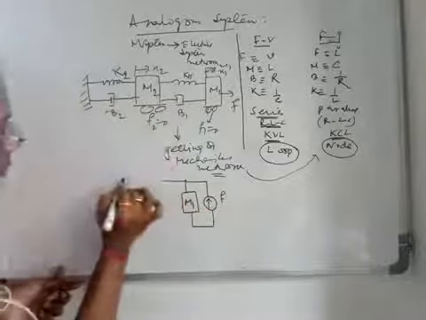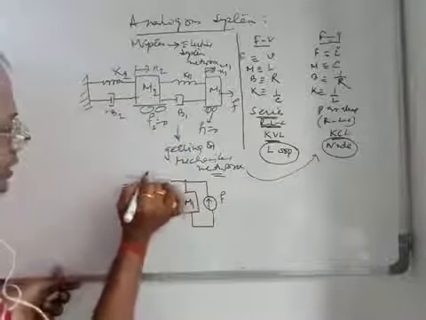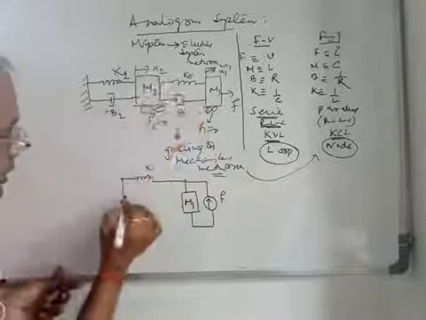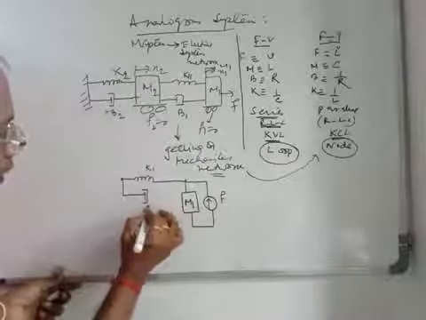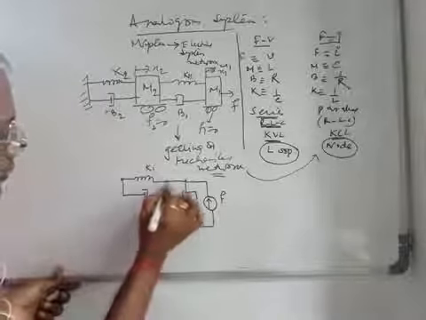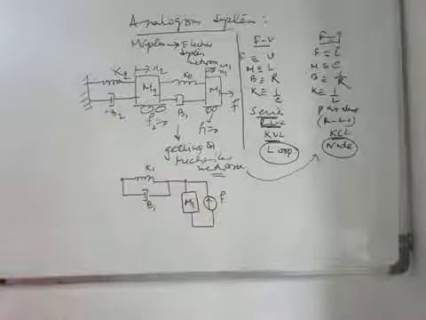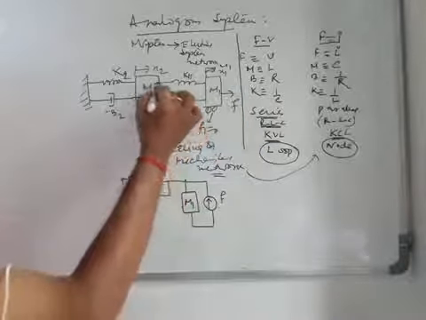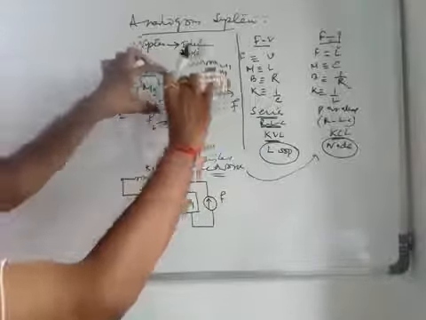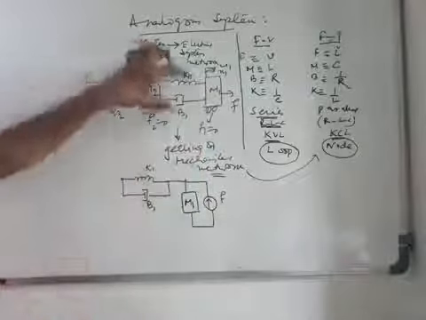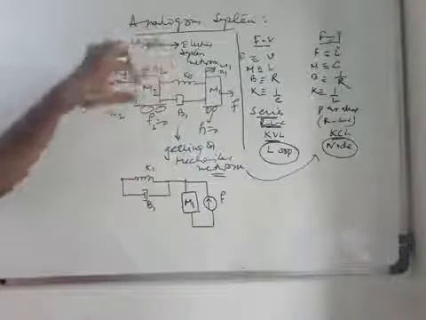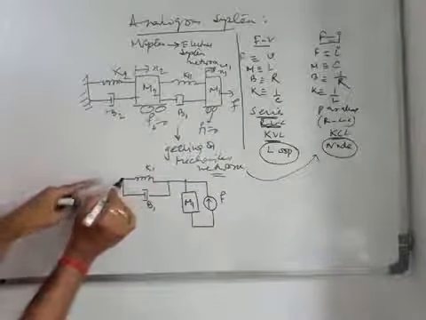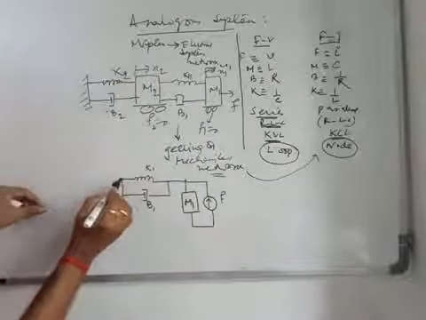How? This is your k1 and this is your b1. Say this terminal is same as that terminal, this terminal is same as that terminal, right? And from this structure, you see these are like a parallel structure, right? And here also one mass m2 is connected.